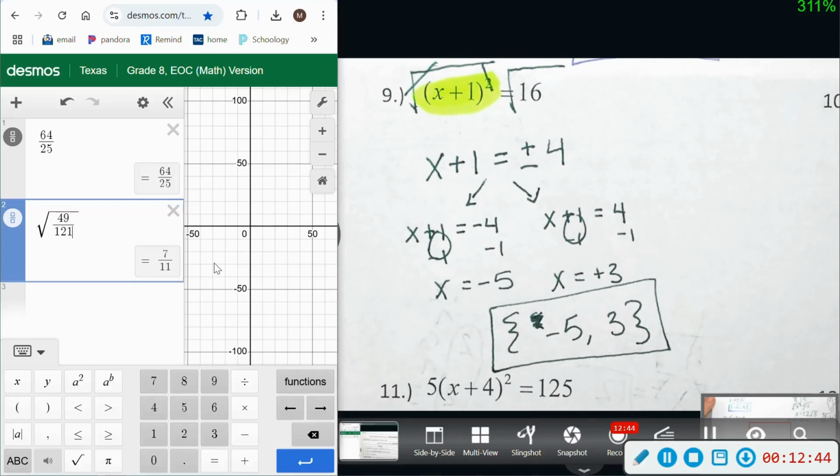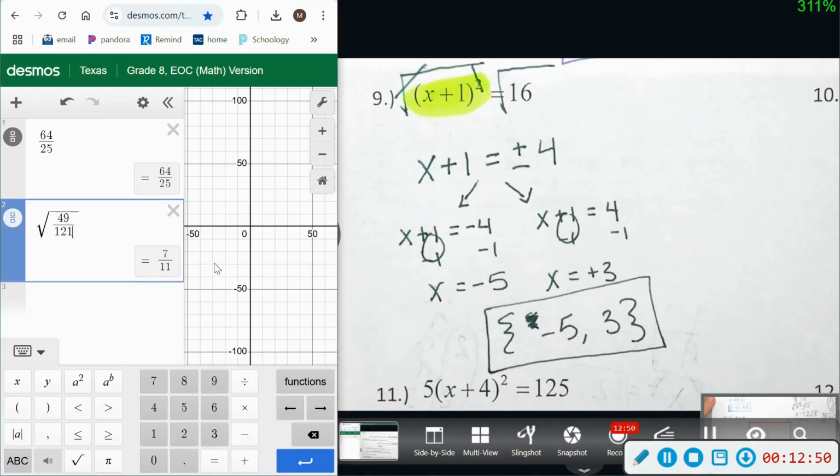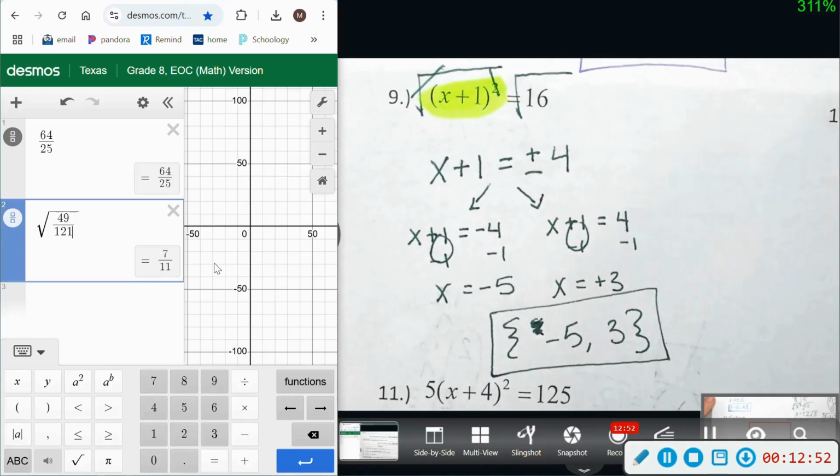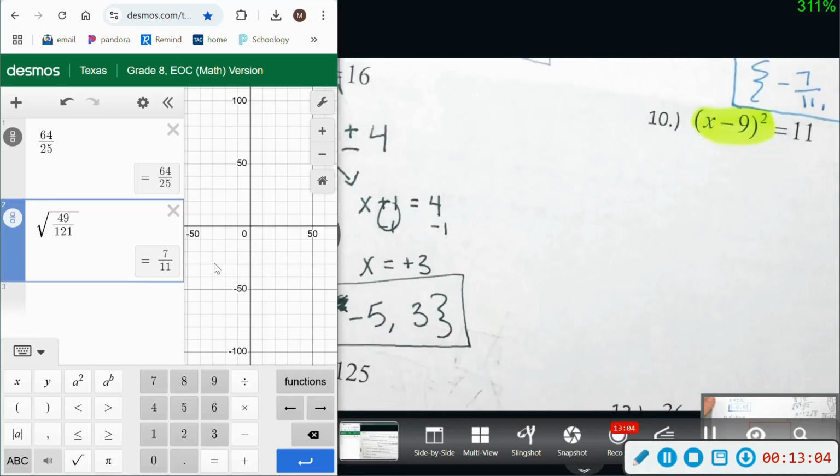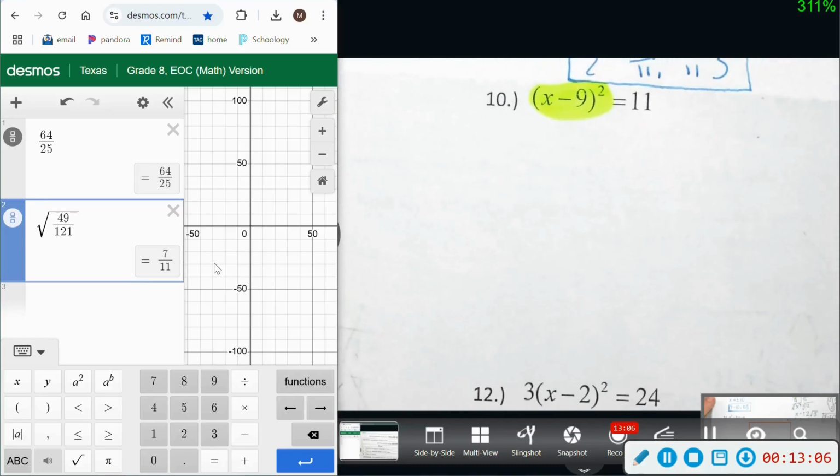Okay, so I want y'all to start number 10. So right away, do we get to take the square root of both sides?